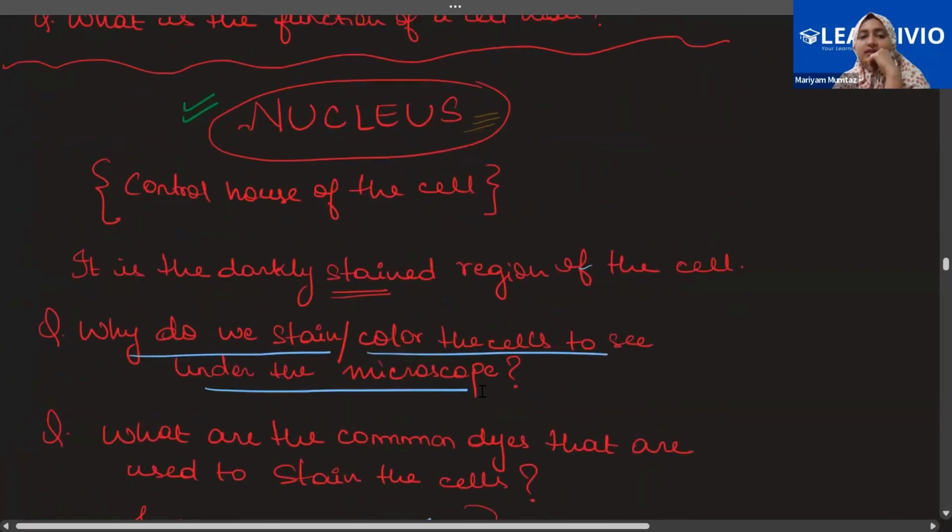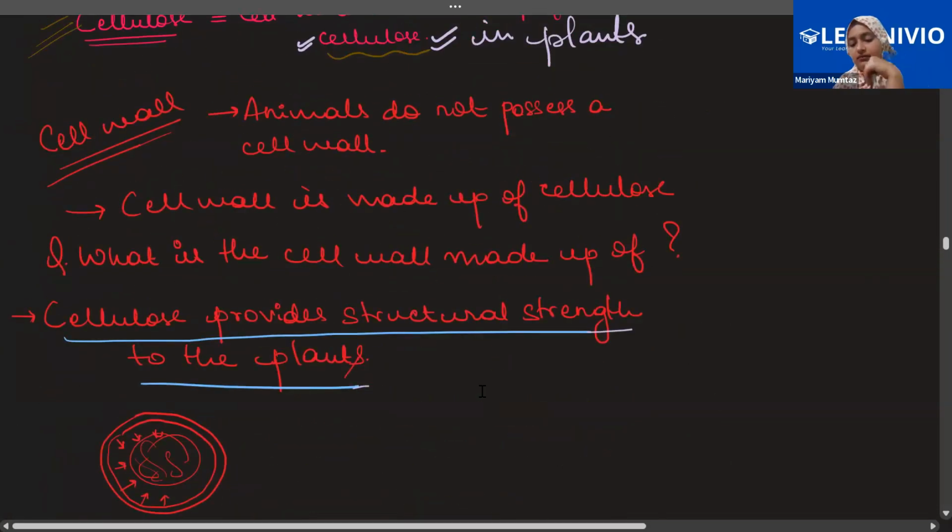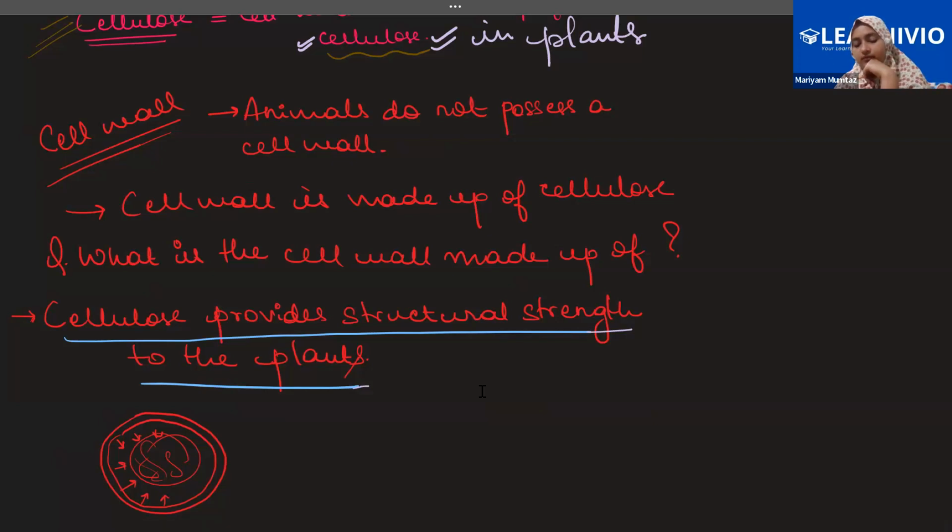Okay, yes. Tell me this, students. Why do we need to stain the cells? Ma'am, to identify the organelles because some cells are transparent in nature.